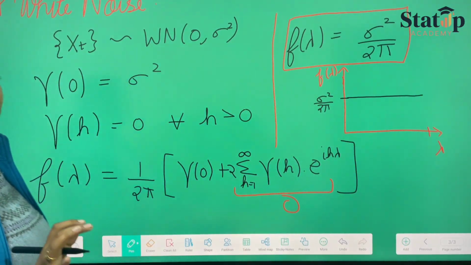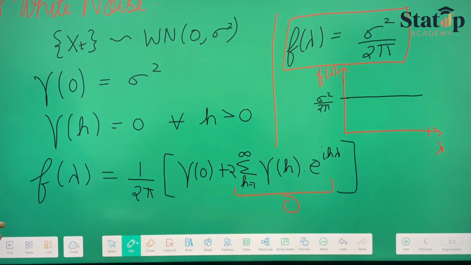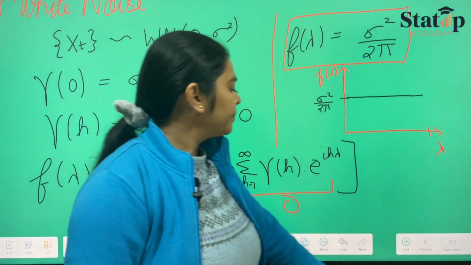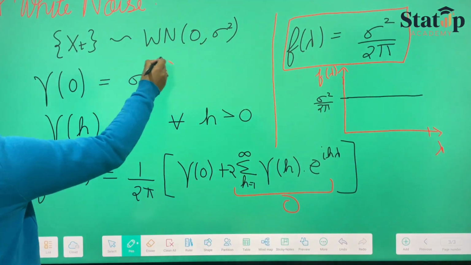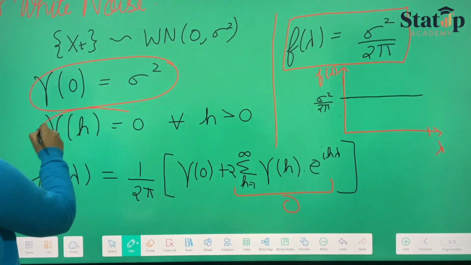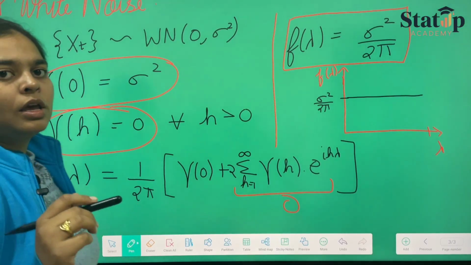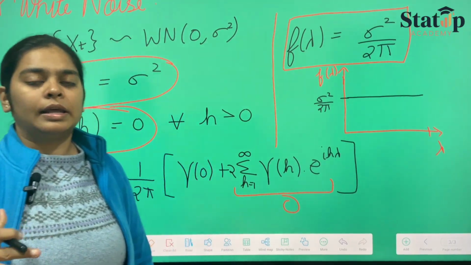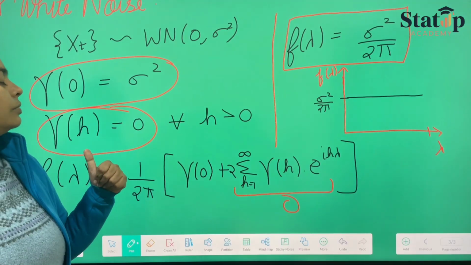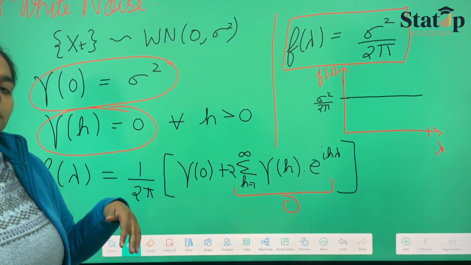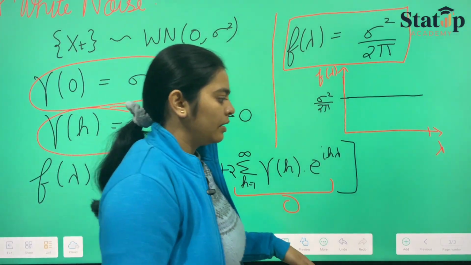So this is the graph of the spectral density function of the white noise. These values we have done previously in the derivation of our autocovariance function. If you haven't seen that video, then you can recheck that video.